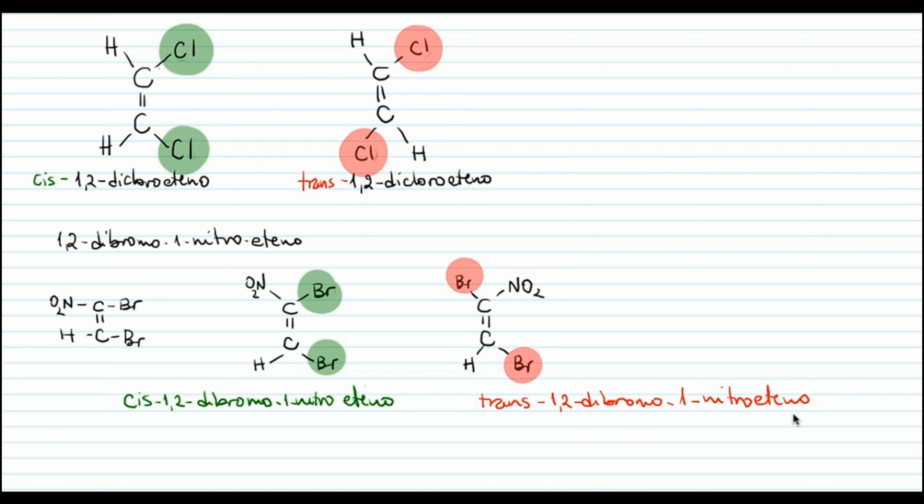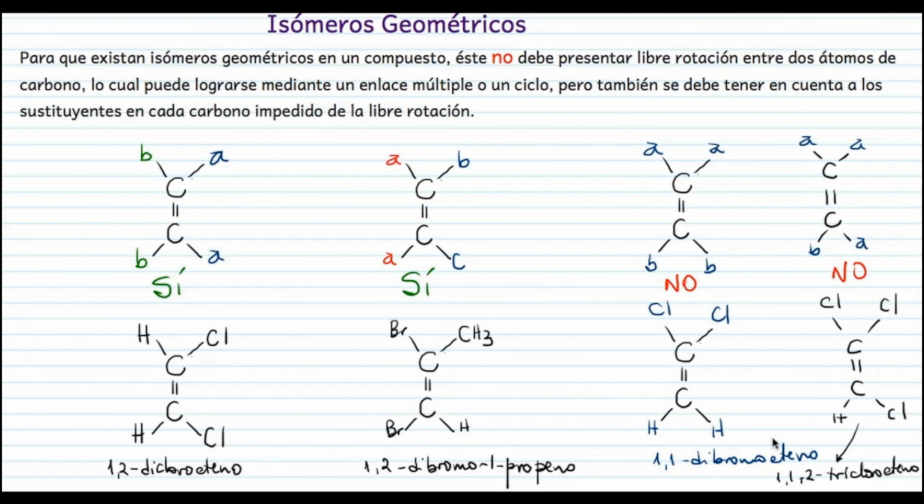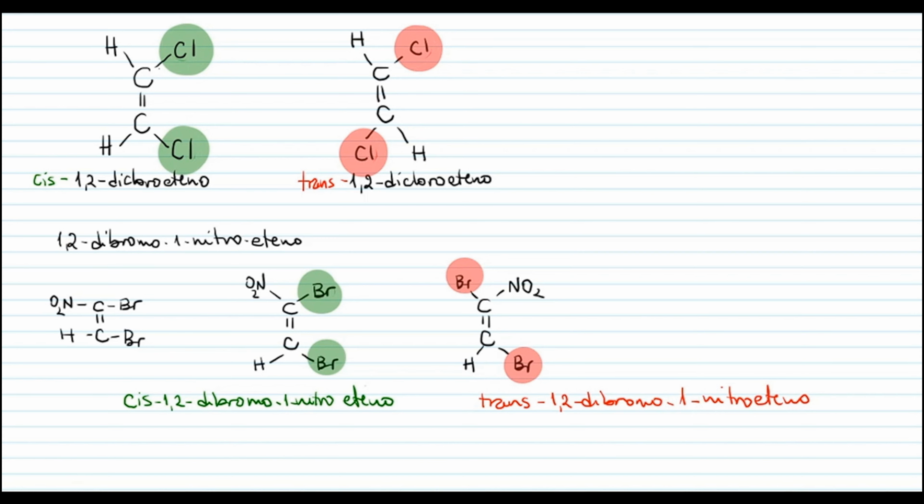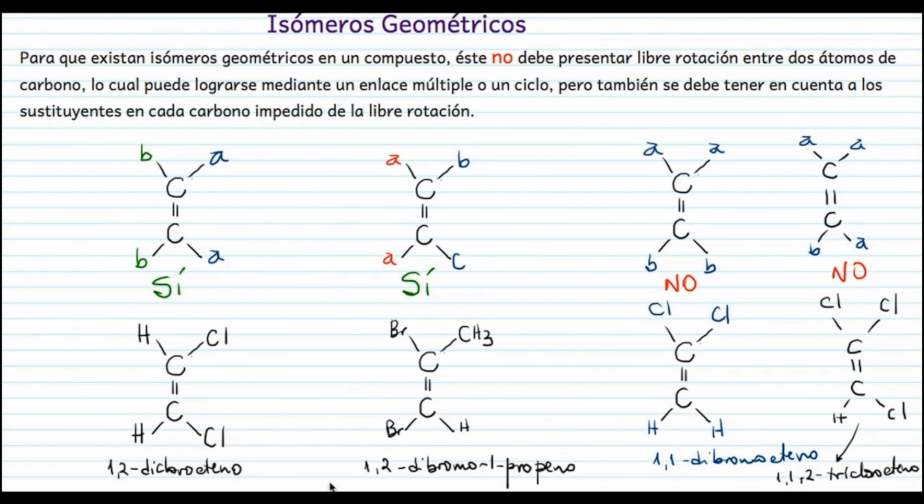We are going to do one more example with a compound that we saw previously, which is 1,2-dibromopropene. We are not going to use the 1,1,2-trichloroethene, so let's formulate. I'm going to copy it from here.